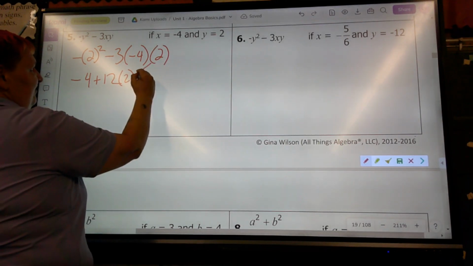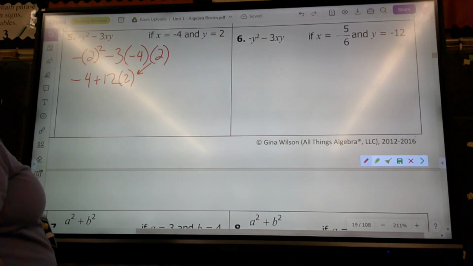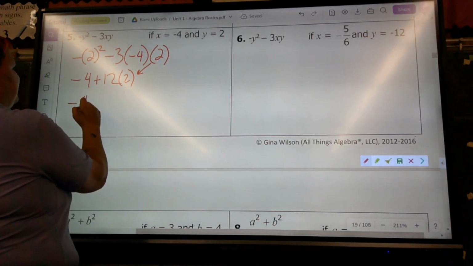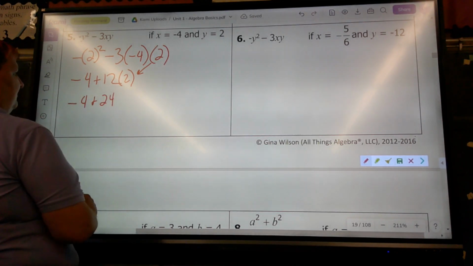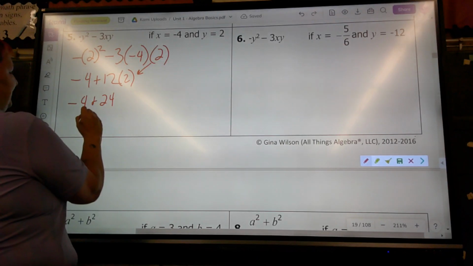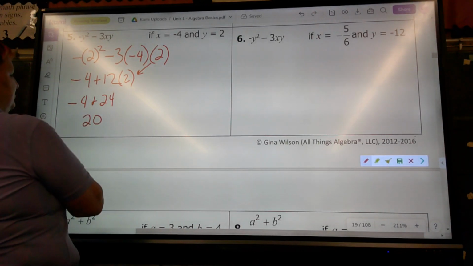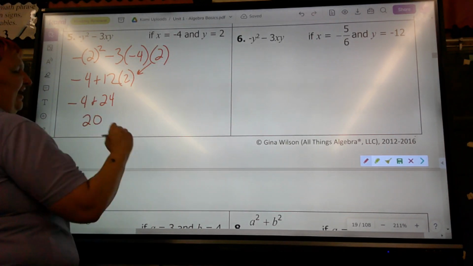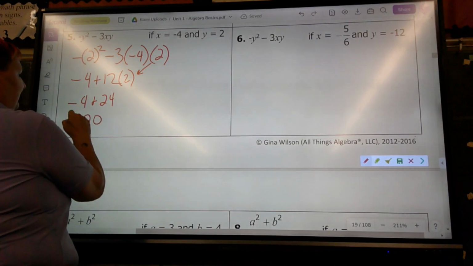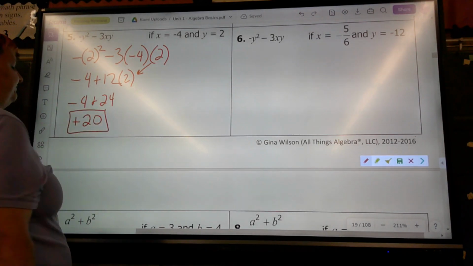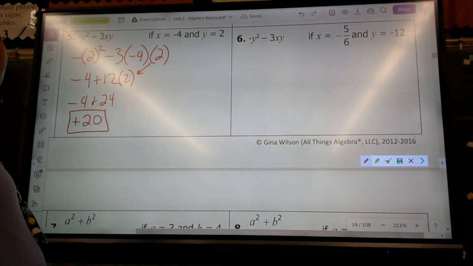I just brought it down. Still with the multiplication, negative 4 plus 24. Different signs, I find the difference. The difference between the two is 20. The 24 has the greater absolute value, so I take that sign. Positive 20.